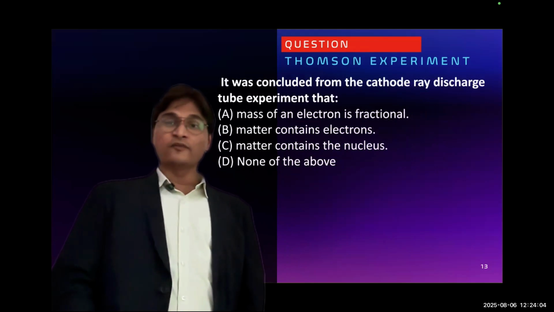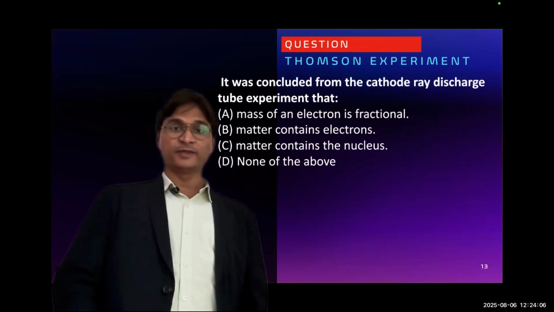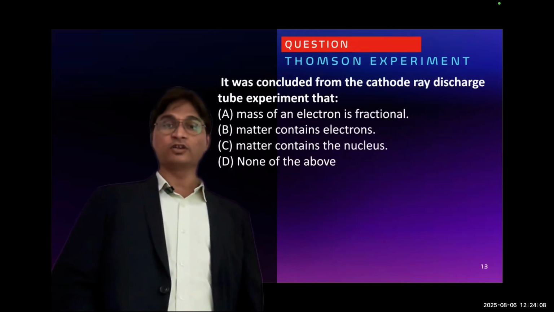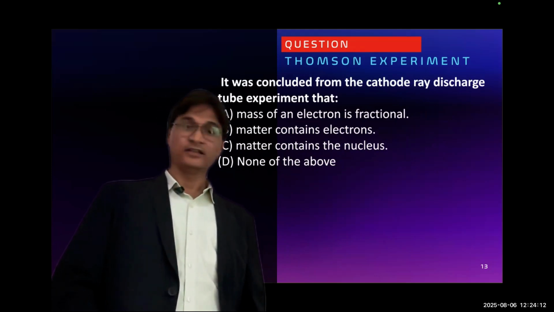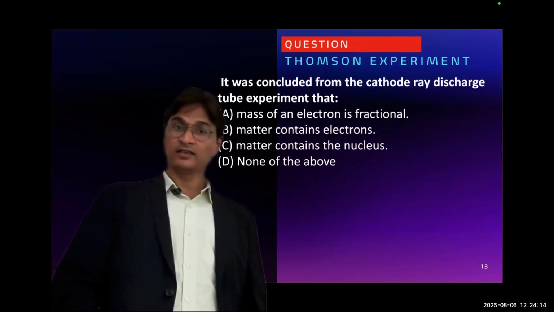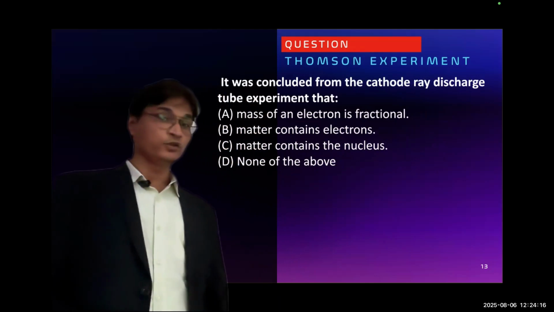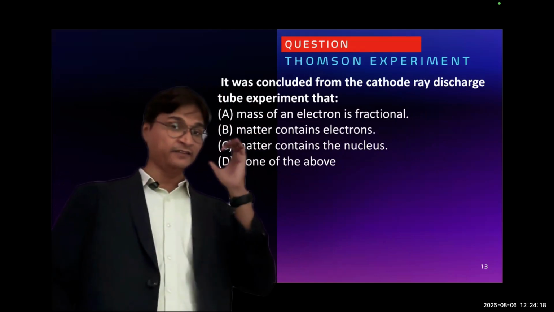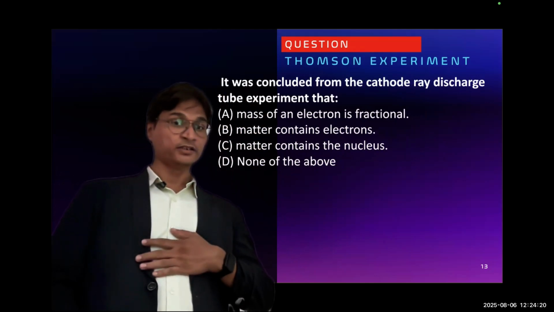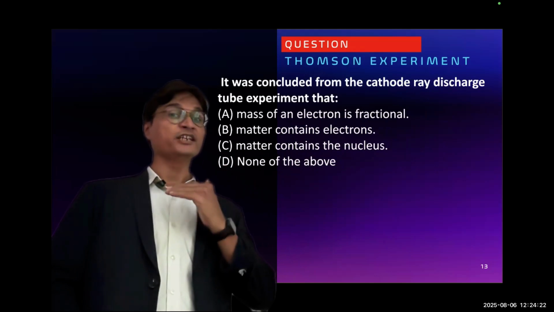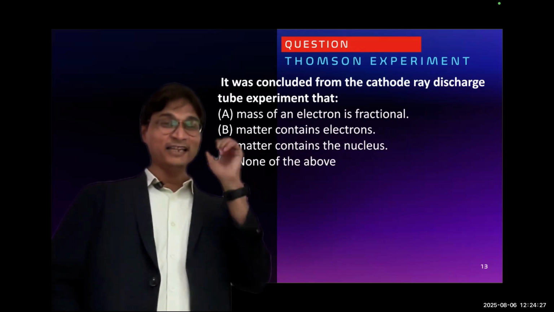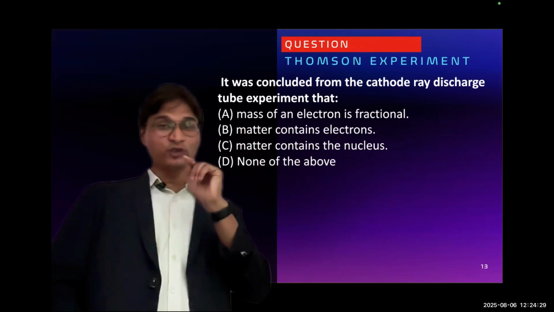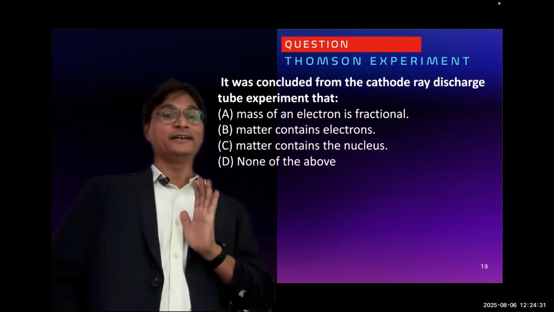It was concluded from the cathode ray discharge tube experiment that mass of an electron is fractional. No, we never discussed this. I told you only one quantity Thomson measured, that was the charge by mass ratio. He never talked about individual charge or individual mass of the electron.